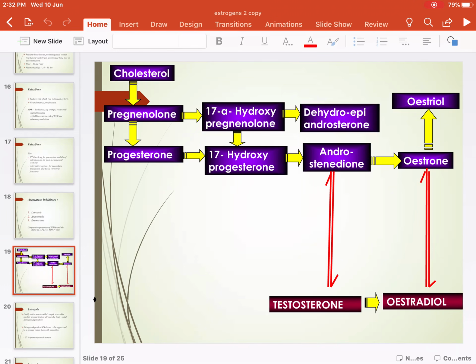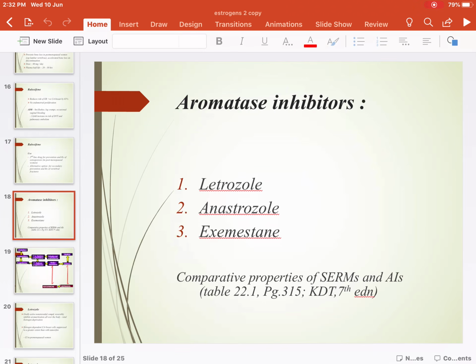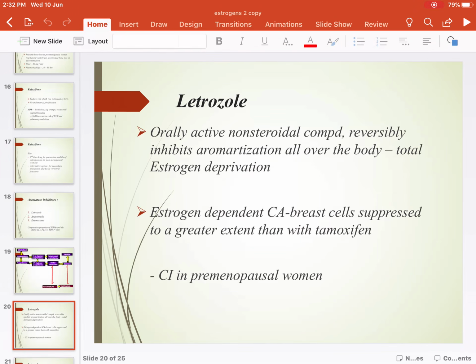So if this enzyme is inhibited, there is no production of estrogen. That's how aromatase inhibitors act. They inhibit the formation of estrogen. These are orally active compounds that reversibly inhibit aromatization. So it inhibits the production of estrogen.